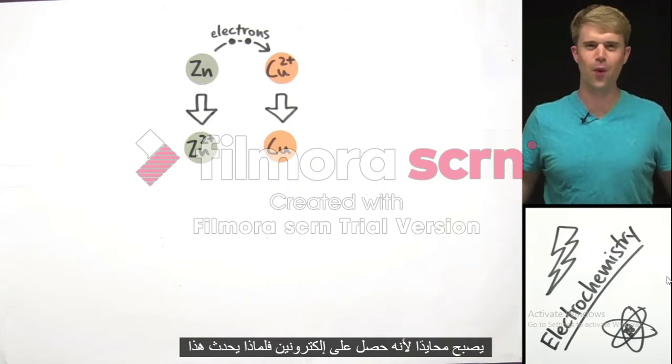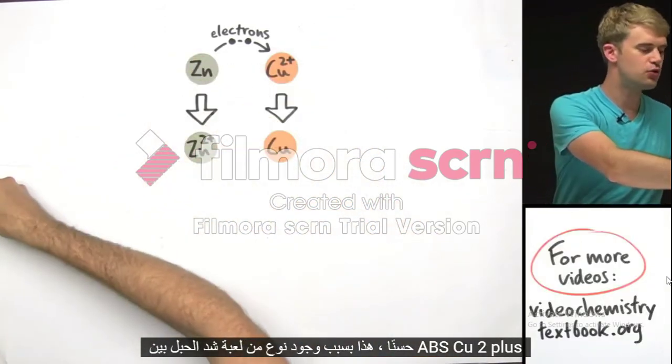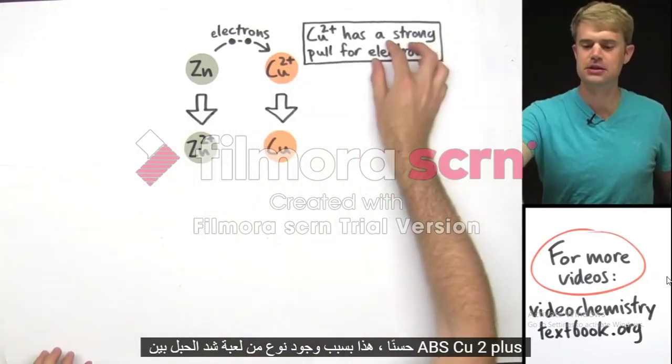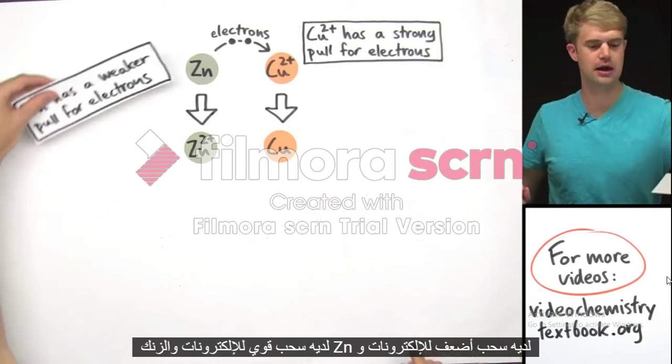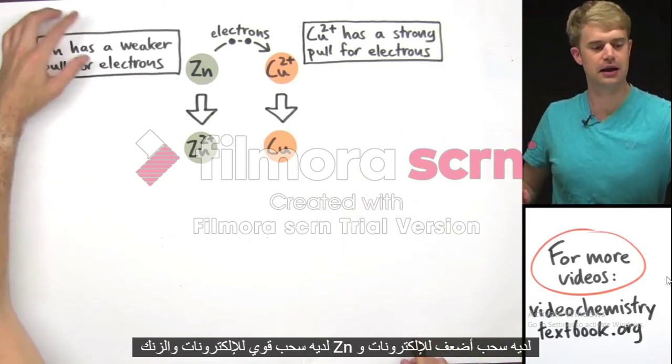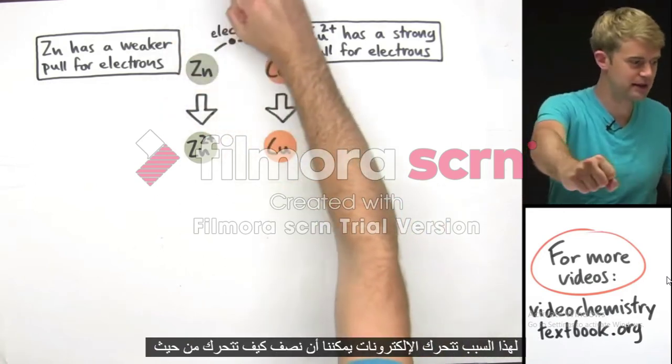So why does this happen? Well, it happens because there's a tug of war between these atoms. Cu2+ has a strong pull for electrons, and zinc, Zn, has a weaker pull for electrons. And that's why the electrons move.